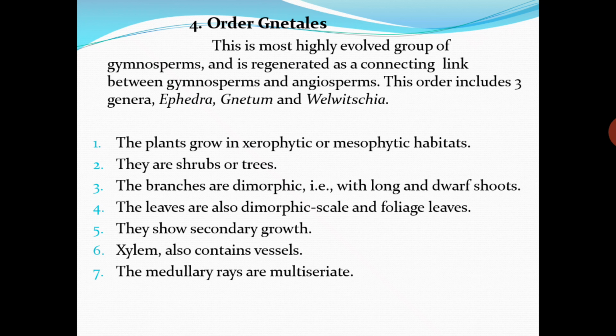This order includes three genera: Ephedra, Gnetum and Welwitschia. The plants grow in xerophytic or mesophytic habitats.